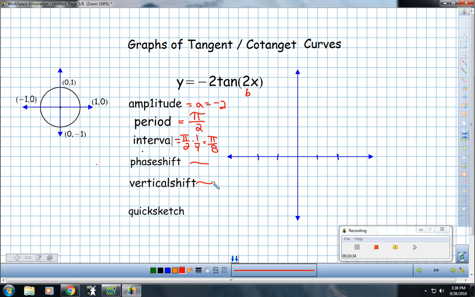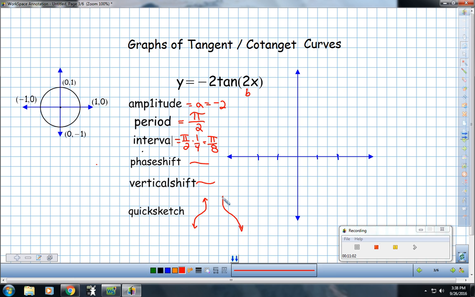In the quick sketch, I purposely chose ones that weren't going to be easy. The fact that the A value is negative, just like with sine and cosine, it flips it. So a normal tangent curve has a positive sloping look, but if the A value is negative, that's going to flip it.